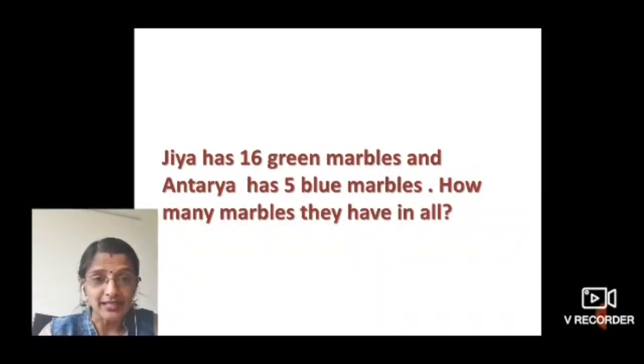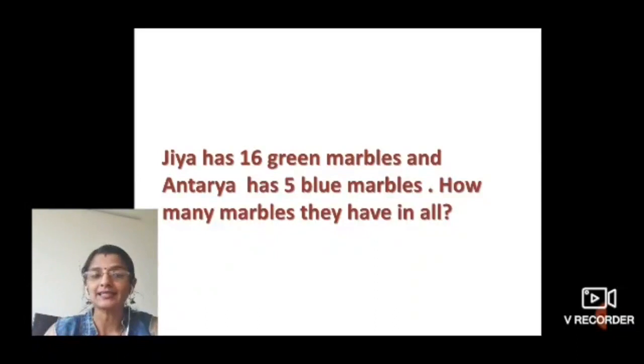There are 2 informations given again. One is Jia has 16 marbles. That's the first information. And what's the second information? That is Antarya has 5 marbles. That's the information which is given in the question.